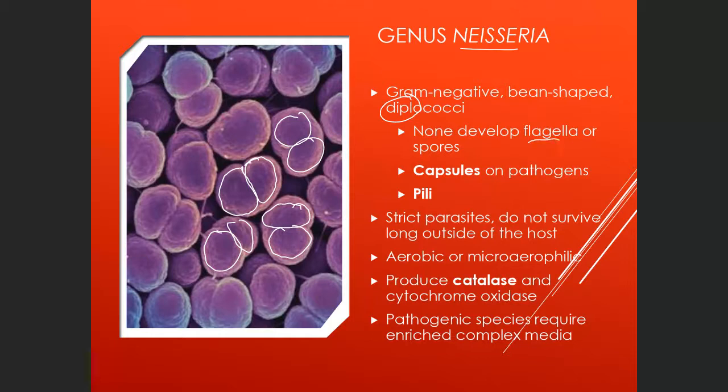No flagella, of course, because these are round bacteria. They have capsule and pili. These are additional virulence factors of this Neisseria group. Just remember, virulence factors are mostly enzymes and toxins. Plus others, like for this Neisseria, they have pili as the virulence factors.